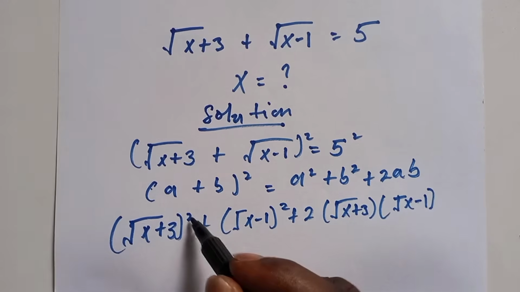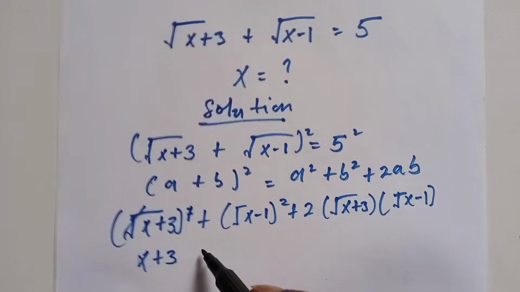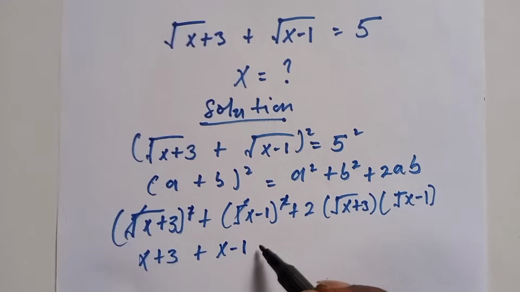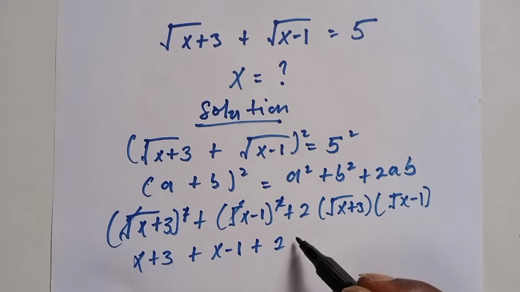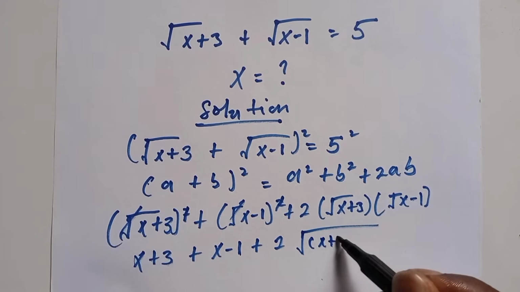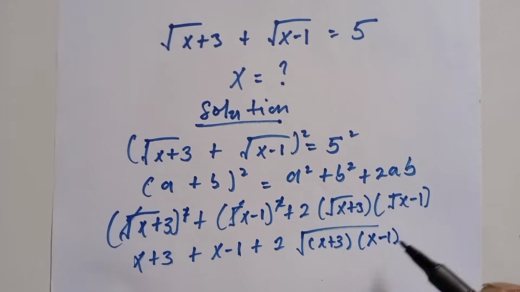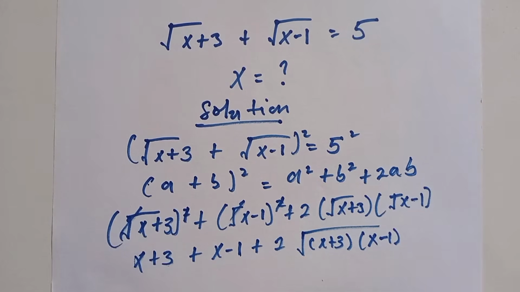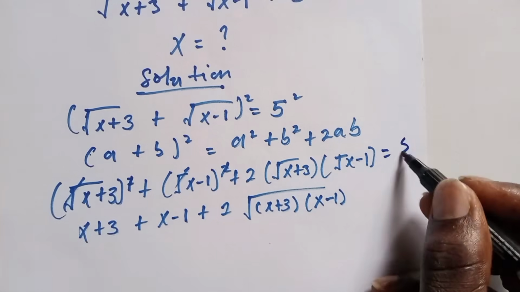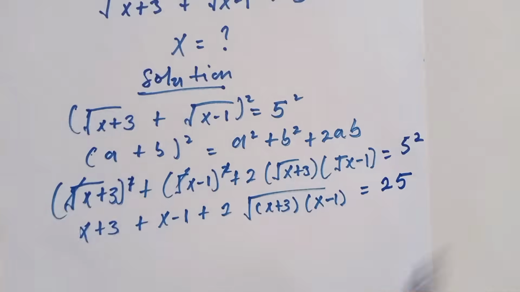So from here, square will cancel roots. I have x plus 3 plus x minus 1 plus 2 roots x plus 3 x minus 1. So this is equal to 5 squared, and 5 squared is 25.